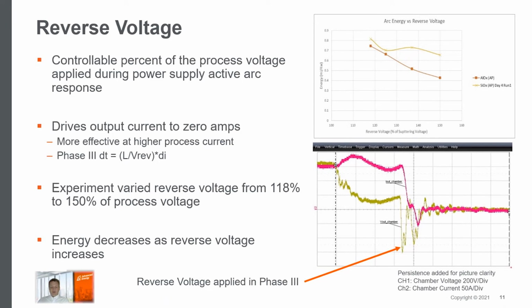Using the equation here will help minimize that time, and you can see that increasing your reverse voltage ultimately will drive your delta time down. This oscilloscope capture shows the reverse voltage applied at the chamber, which will automatically be removed when the process current reaches 0.